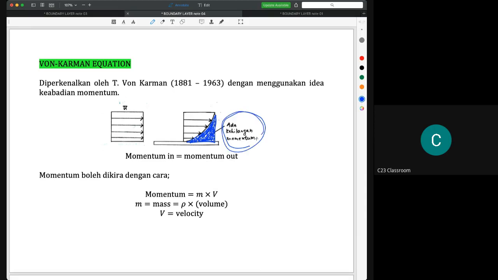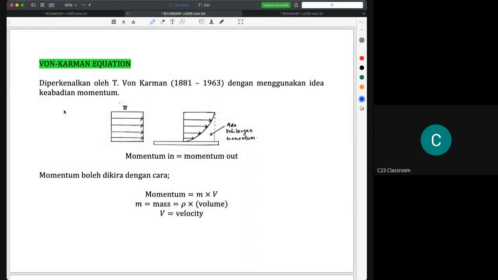What we need to do is balance the momentum at inlet with the momentum at outlet, because the basic idea of the Von Karman equation is to conserve the momentum value. Momentum can be calculated: the equation for momentum is mass times velocity.